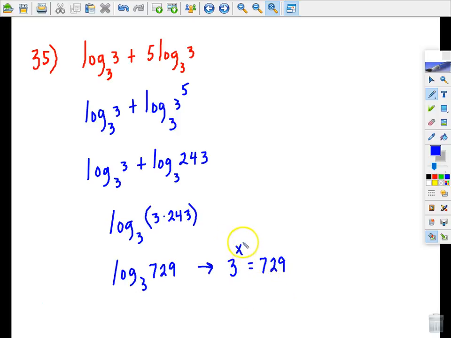That's what evaluating a log is. It means find the required exponent. So again, you can use your calculator, and you should find out that the exponent required, 3 to the 6th power, is 729.